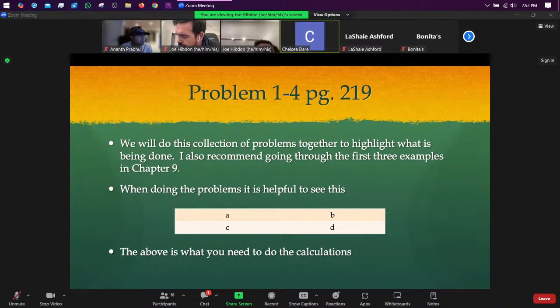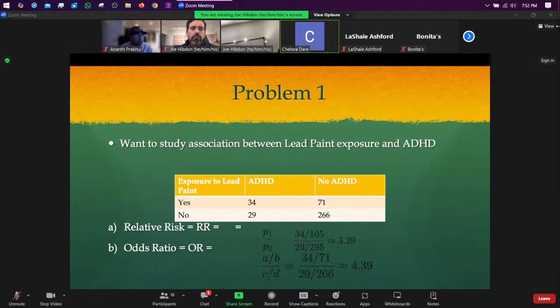Data on N equals 400 children are collected, and data on exposure and ADHD diagnosis are shown in table 9.26. Estimate the crude or unadjusted relative risk, and estimate the crude or unadjusted odds ratio.